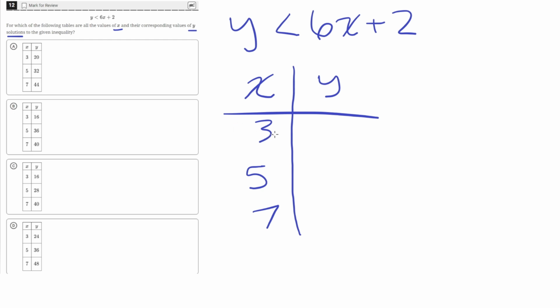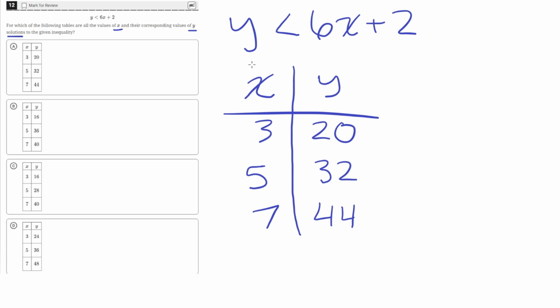So when you plug in a value of 3 for x, we get 6 times 3 is 18 plus 2, which is 20. 6 times 5 is 30 plus 2 is 32. 6 times 7 is 42, plus 2 is 44.